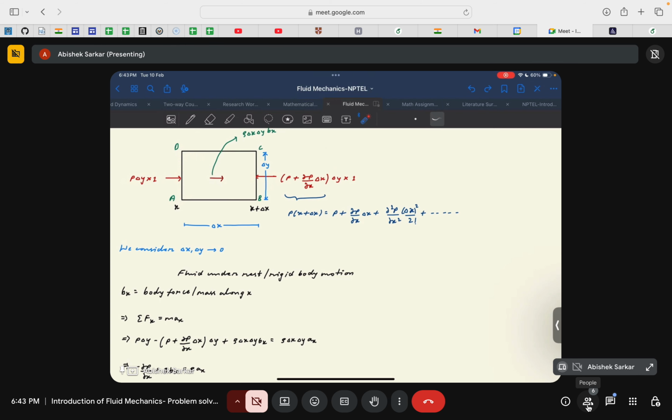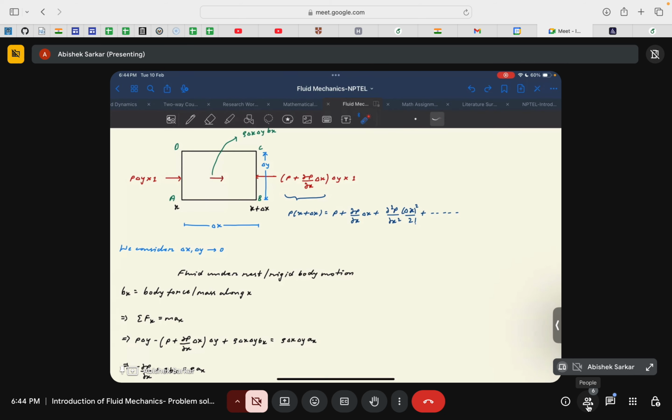The area remains constant because we are considering a cubical fluid element, so this area remains the same, but the difference is in the pressure. Now you might ask how we got this. It is simply obtained by considering the Taylor series expansion. If you have doubt, look into standard math textbooks for the Taylor series expansion.